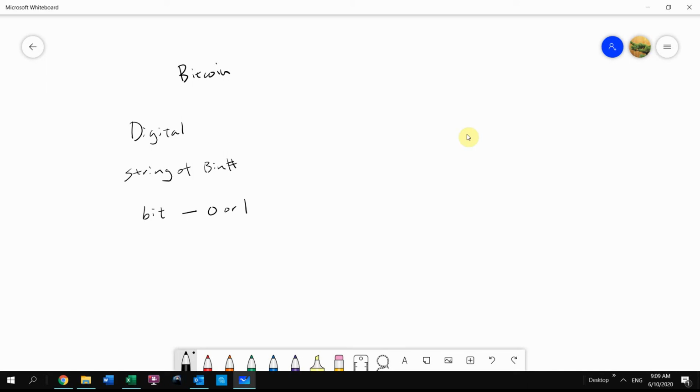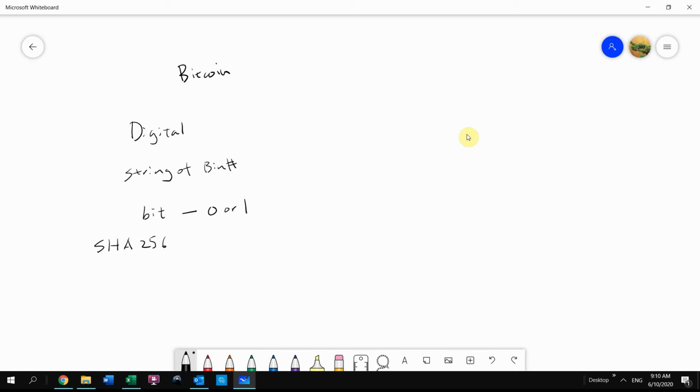And each Bitcoin or each transaction or a summary of transactions or a whole block of summaries of transactions can be expressed in a string of numbers with 256 digits. So we use SHA-256.